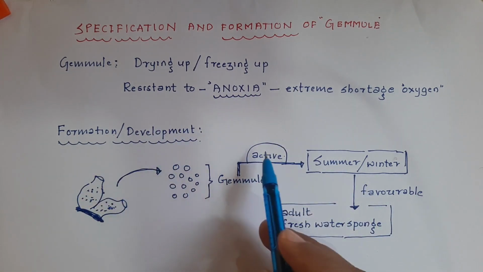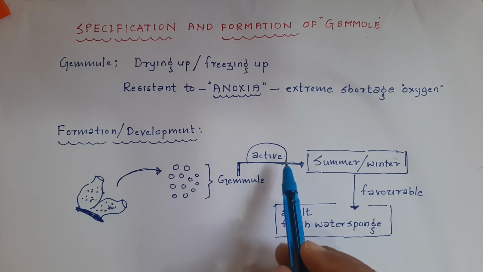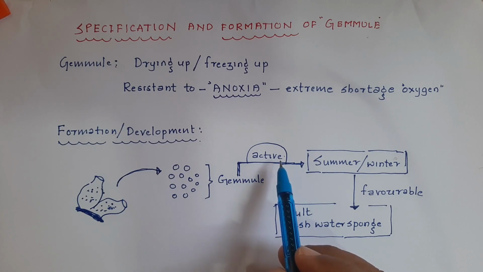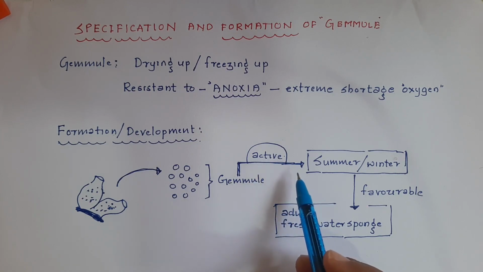So this is all about the specification, formation and development of gemmules. Dear student, we have already studied asexual reproductive structures like zoospores, found in Chlamydomonas, and the gemmules found in freshwater sponges. In the next session, we will discuss sexual reproduction.